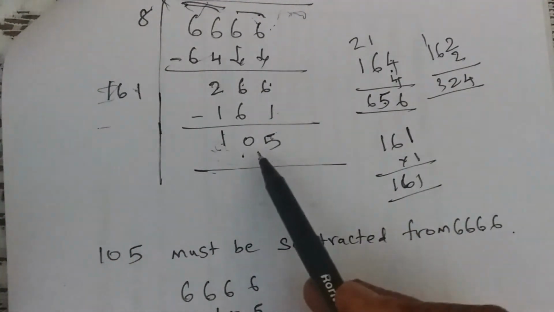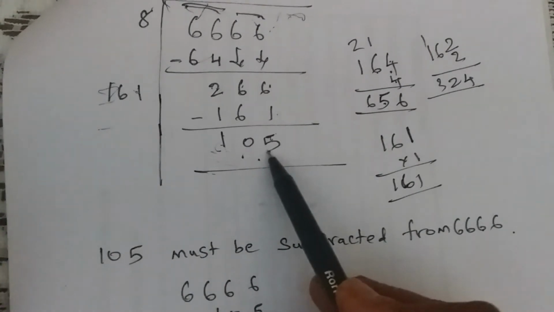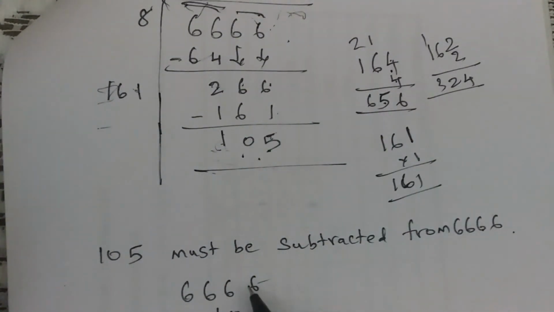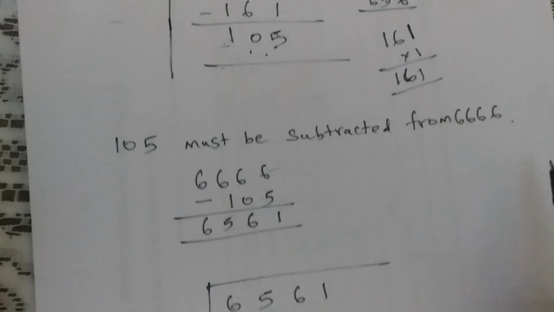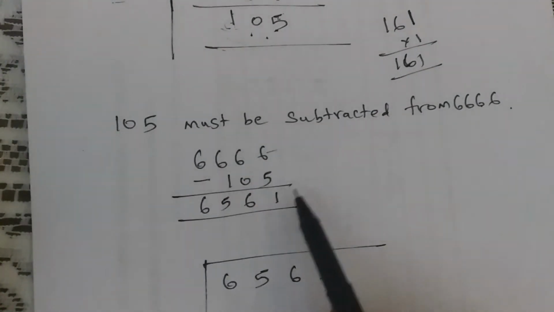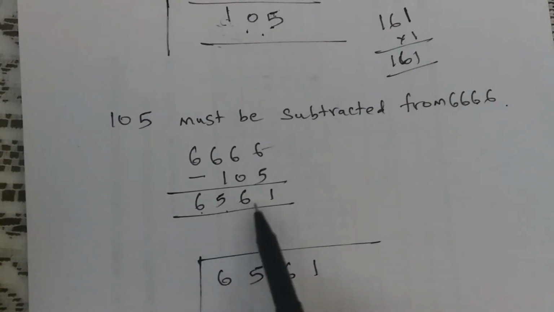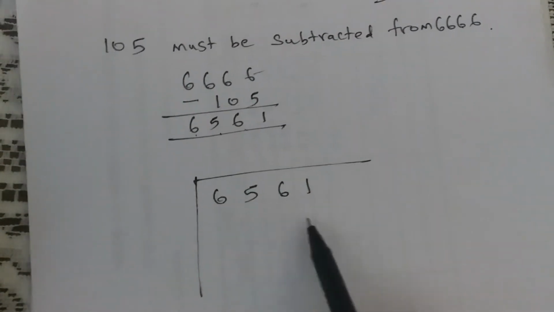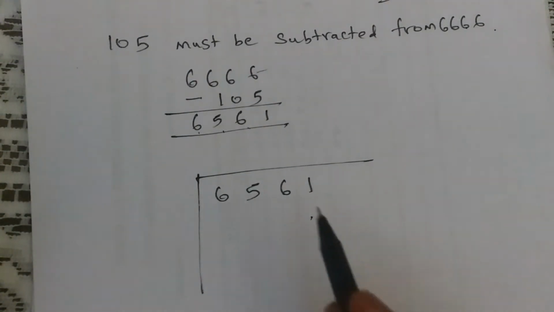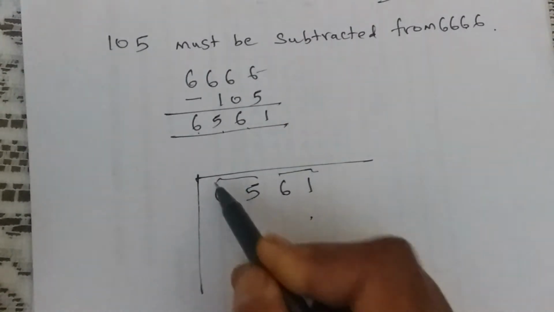Subtract 105 from 6666, and we get 6561. Now find the square root of that and check whether it is a perfect square or not. Same way, split them into periods. We can copy the previous one here.